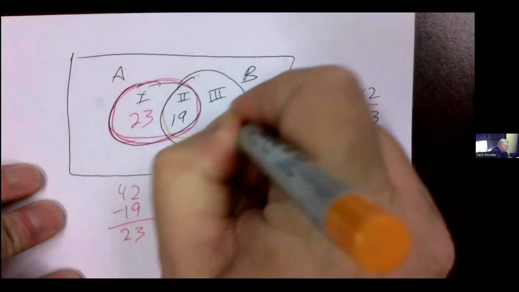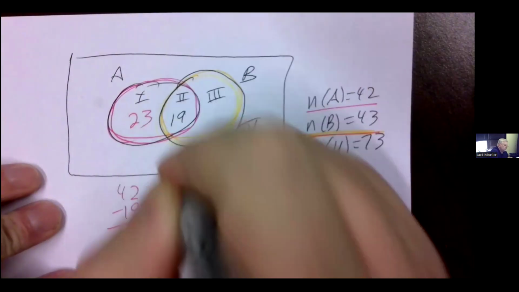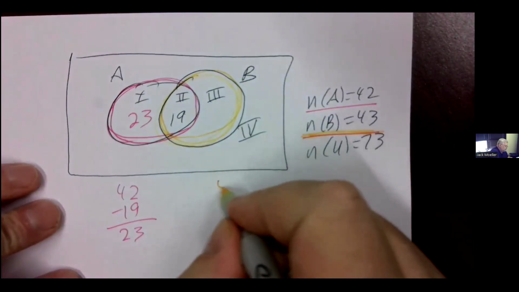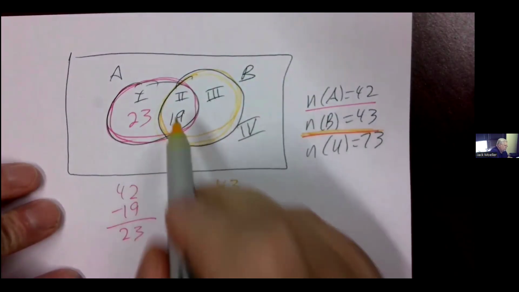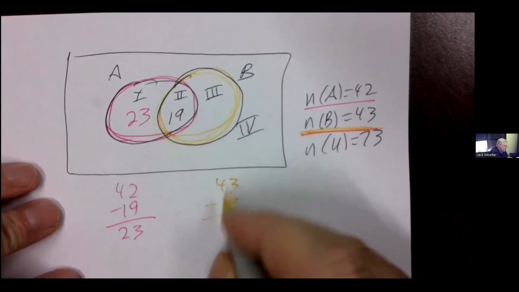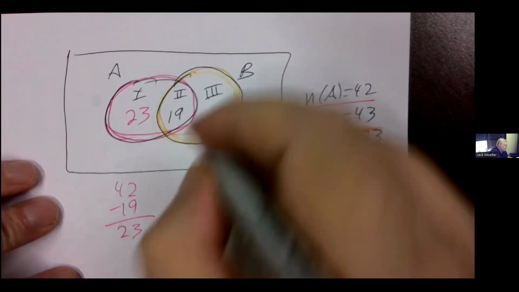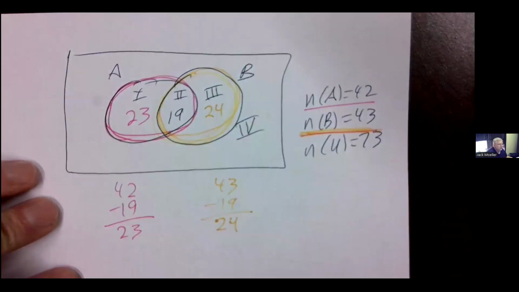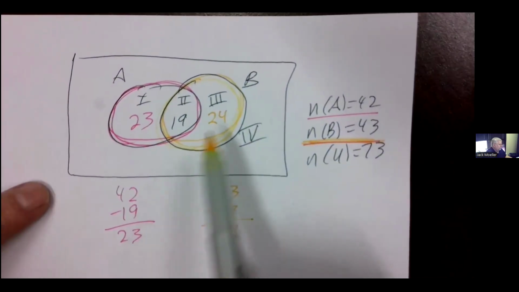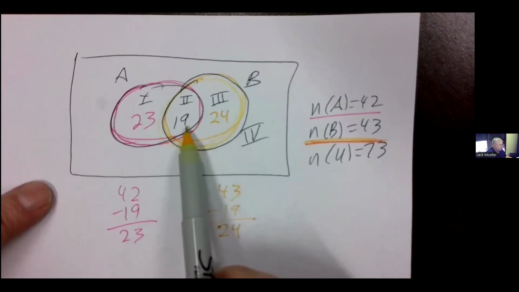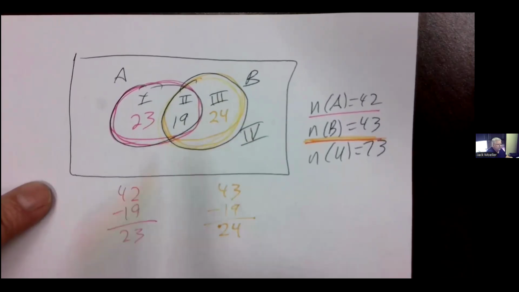Well, B is both of those regions. So there's 43 in those two. We've already accounted for 19. So that leaves 24 unaccounted for. So there are 24 in just B. So 24 in just B, 19 in A and B, total of 43.